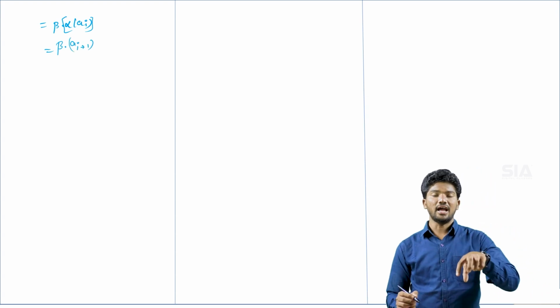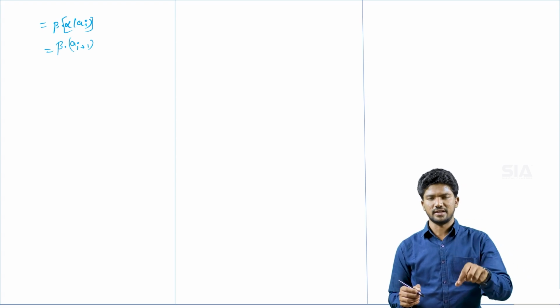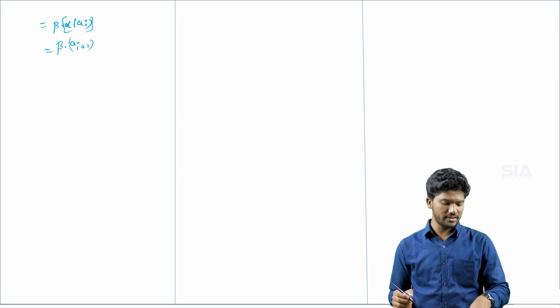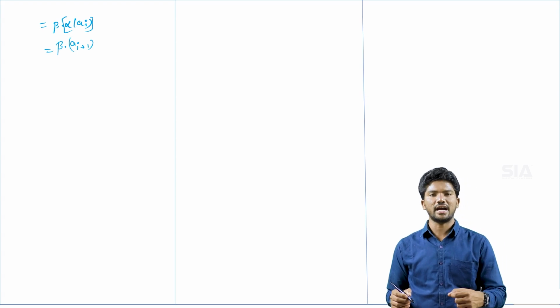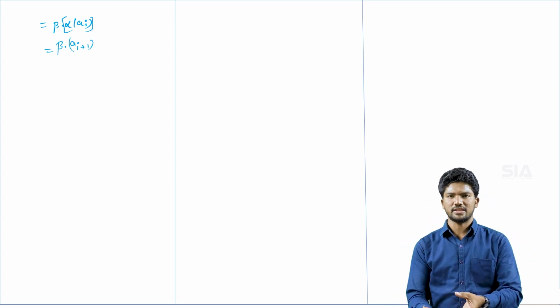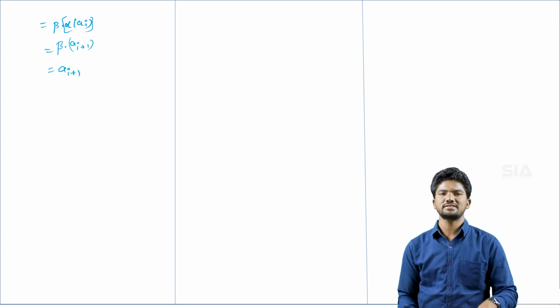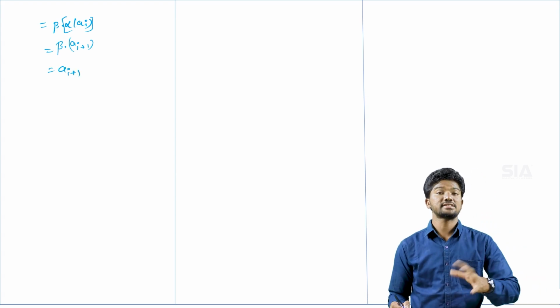Why? Because alpha is a permutation having the elements a suffix 1, a suffix 2 up to a suffix m, and that value gives a suffix i plus 1. So again we got beta into a suffix i plus 1, and then you can write a suffix i plus 1 only. Why? Because beta does not count the a suffix i values.